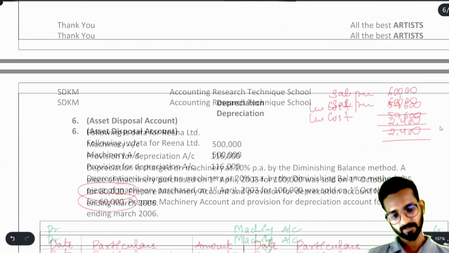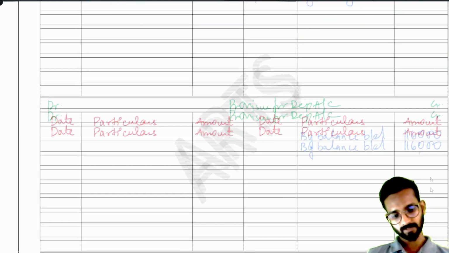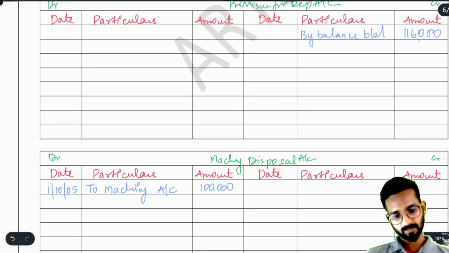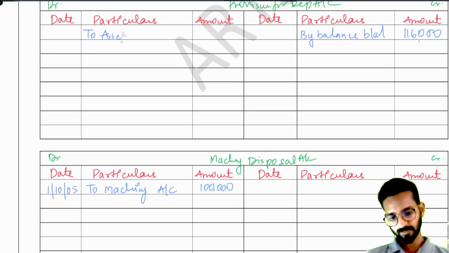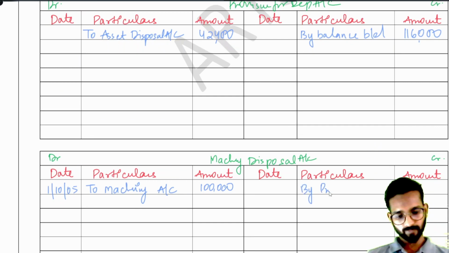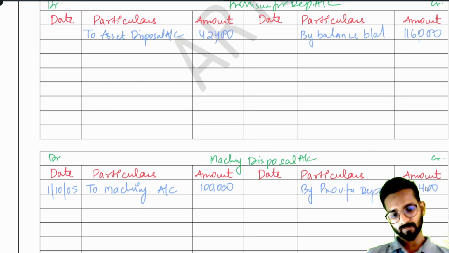So you will write here that you will transfer to your asset disposal account 42,400. That will be transferred here by provision for depreciation, 42,400. What is the date?